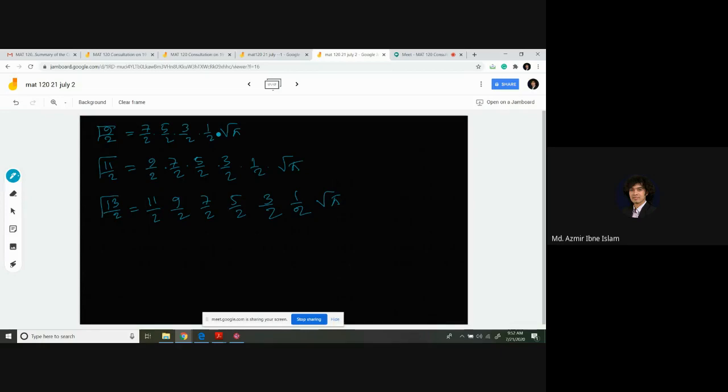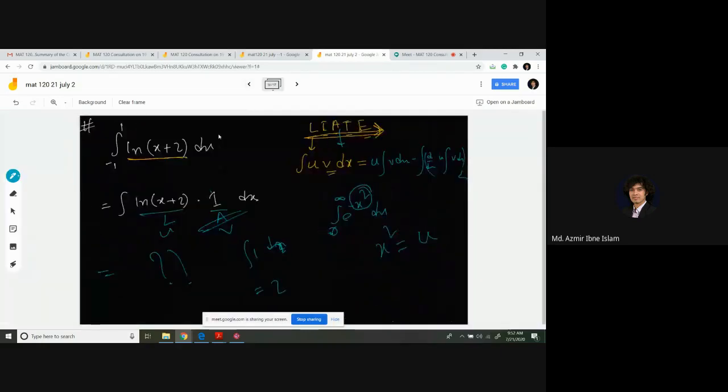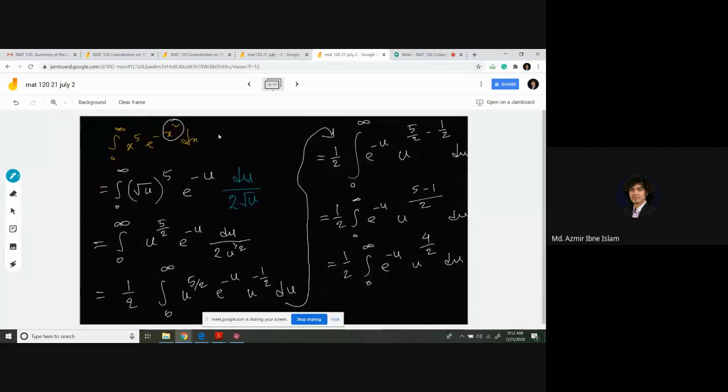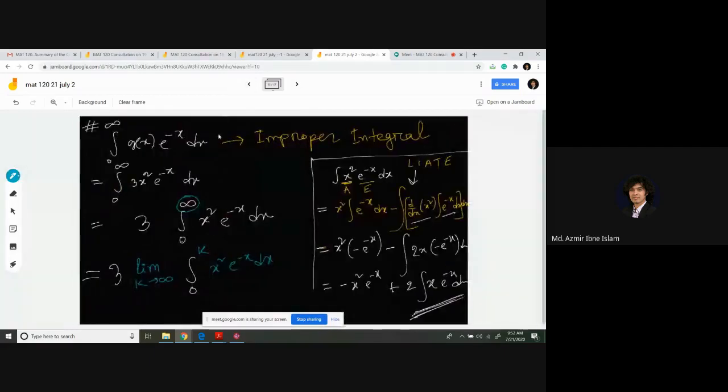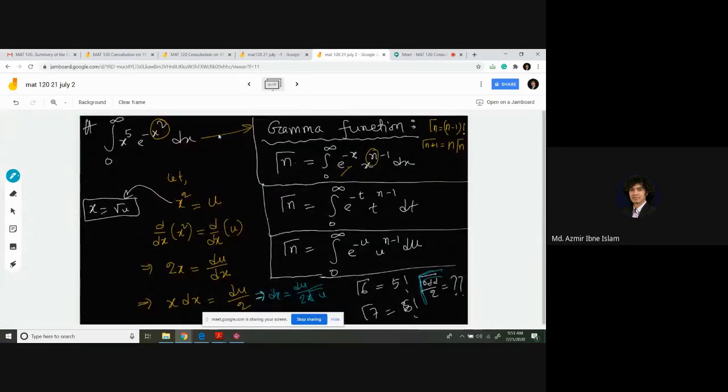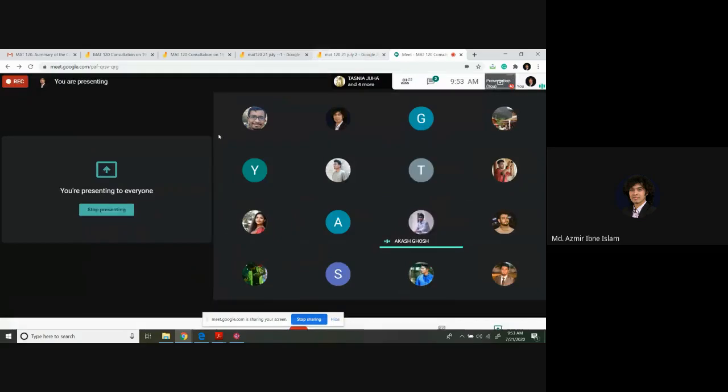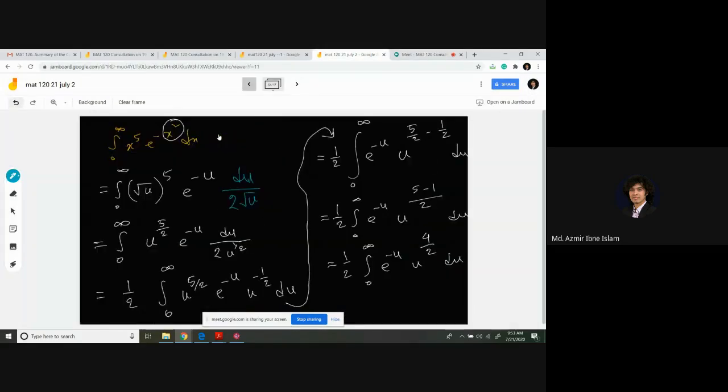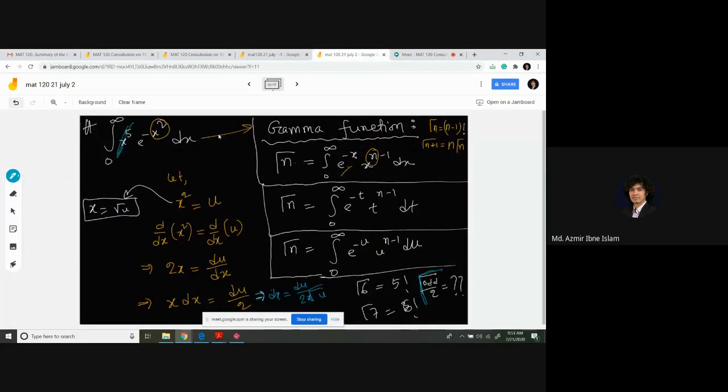Yes, sir. So these are the things for gamma odd number by 2. But if we have gamma of an integer number, then it is n minus 1 factorial. That is what I was trying to say previously. And by this you can easily solve that. So for your problem, you don't have x to the power 5, you just have e to the power negative x squared, right?